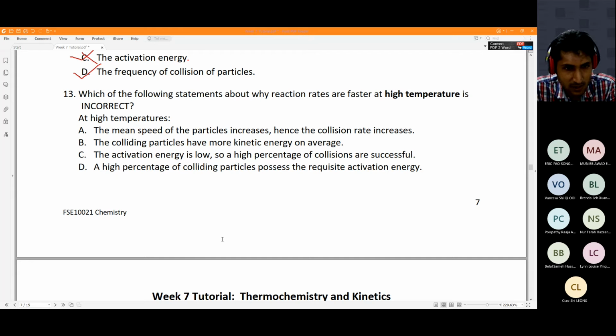The colliding particles have more kinetic energy on average. Yes, that's true as well, so this is not the answer. Option C says the activation energy is low, so a high percentage of collisions are successful. This is not correct. Activation energy cannot be lower or higher. So C is incorrect, so it is the correct answer for this question.